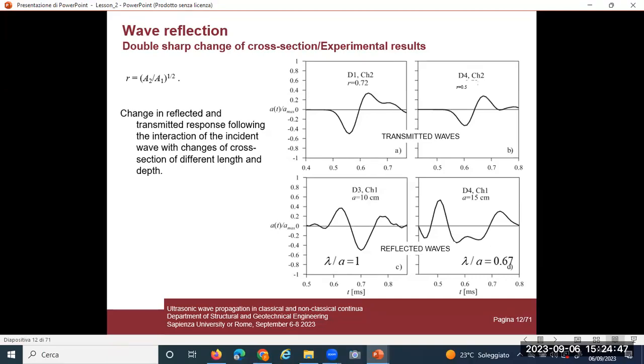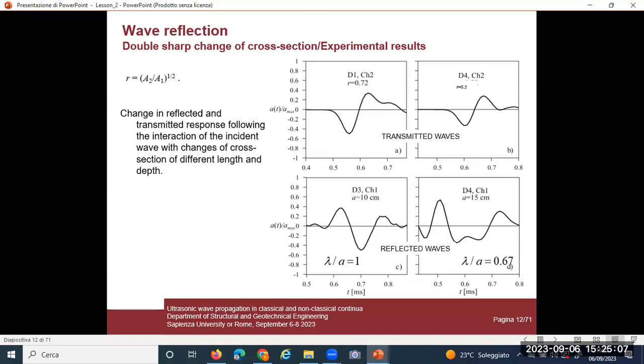What does that mean? It means that the smaller the defect, or the smaller the object you want to observe, the smaller the wavelength you've got to use.